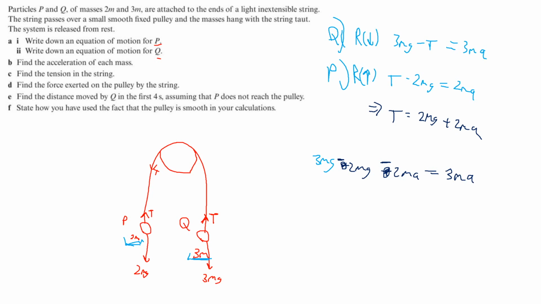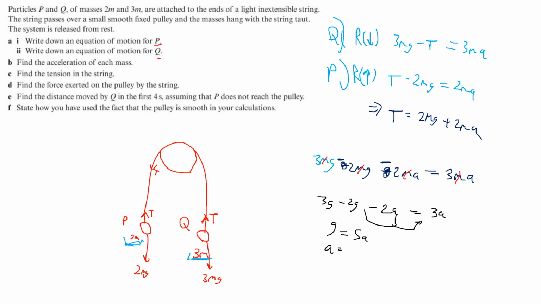What do you notice about all of these terms? They all have m's in them, so we can cancel out every single m. So now we know that 3g minus 2g minus 2a is equal to 3a. That becomes just g. We'll add 2a on the other side, so g is equal to 5a.